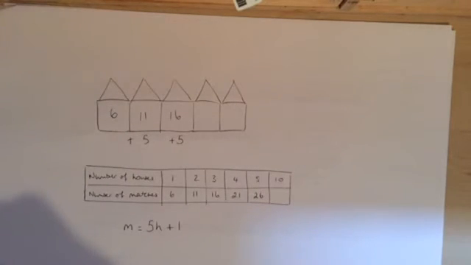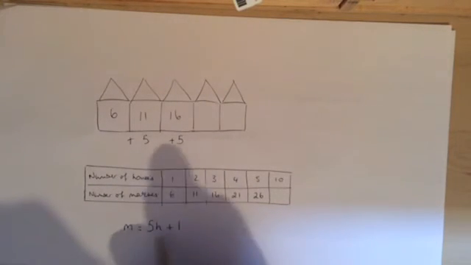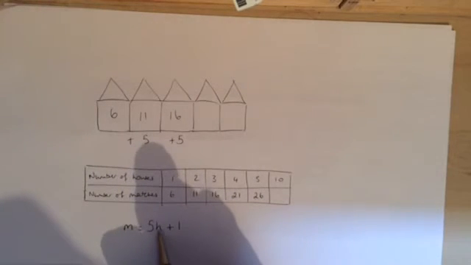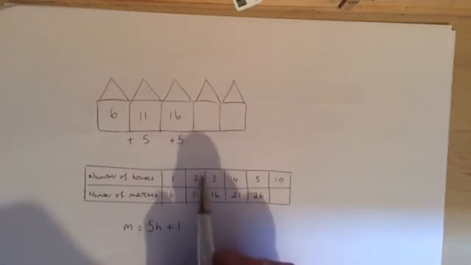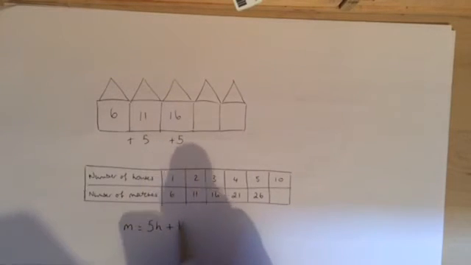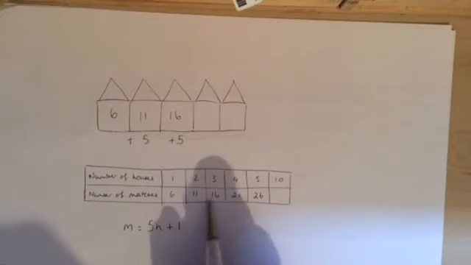And I can put the numbers in to prove to you that that is true. So if I have one house, I have 5 times 1, which is 5, plus 1, which is 6. If I have 2 houses, I have 5 times 2, which is 10, plus 1, which is 11. And so on. 5 times 3 plus 1 is 16. Okay, and I know that's true because I've counted my matches.